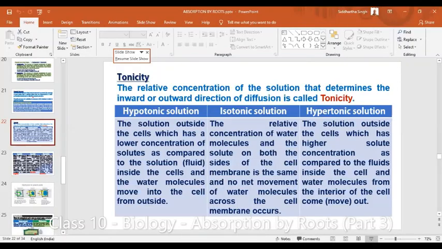Now let us see the different types of concentration of solutions. This is generally compared with the concentration of the cell sap. This is known as tonicity.